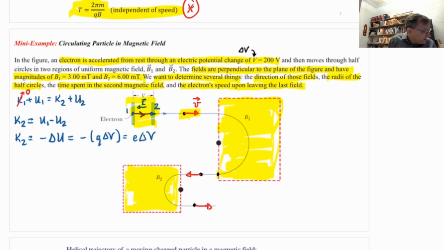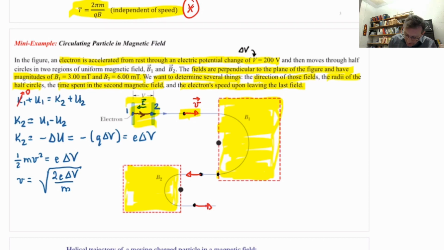K2 is little e times delta V, or just V. Then of course K is 1/2 m little v squared, so we have that. So I solve for v. I get square root of 2e delta V over m. Nice little formula for figuring out how fast the electron's going when it leaves that little parallel plate capacitor, whose sole purpose in this setup is to accelerate the electron up to this speed v.